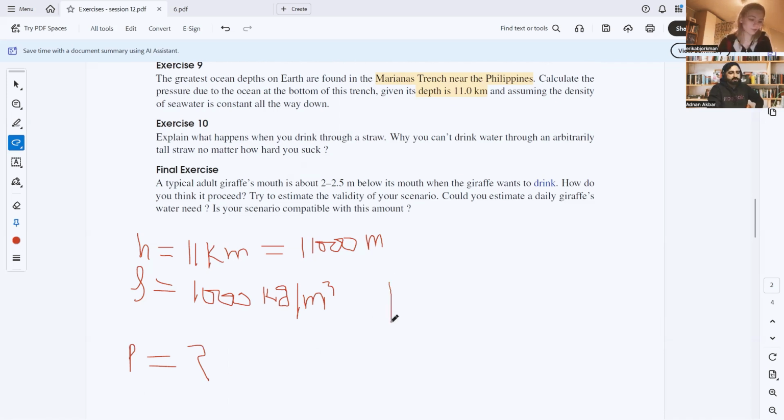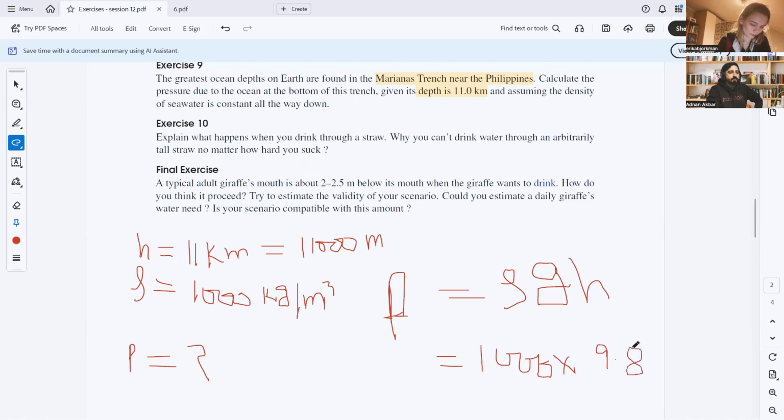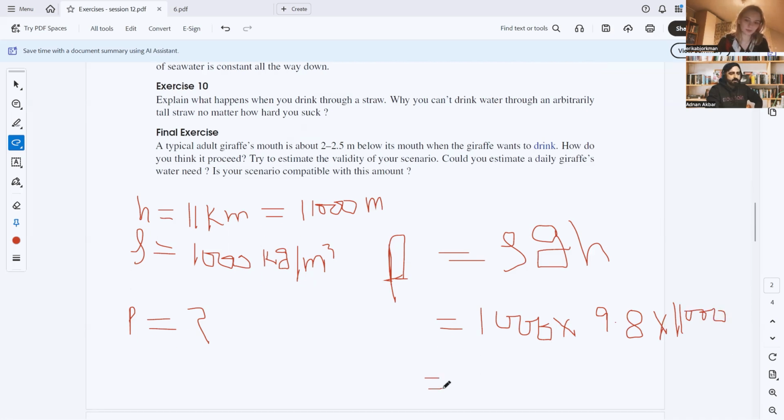So for the pressure, we have the simple relation P is equal to rho g h. Okay, fine. 1000 multiplied by 9.8 multiplied by 11,000, which will result in 1.078 multiplied by 10 raised to the power 8 Pascal.